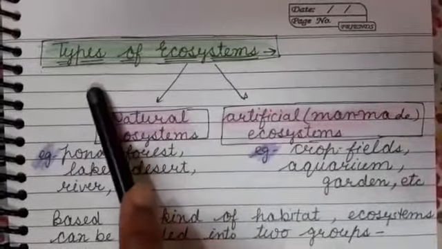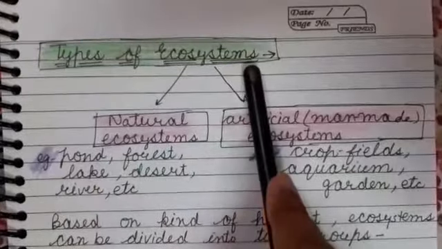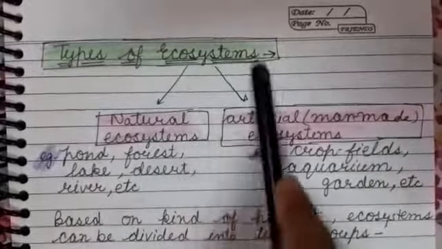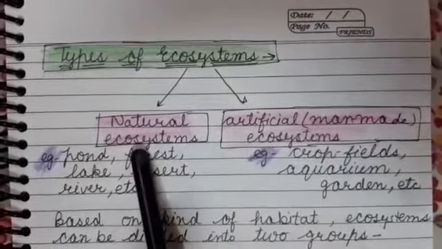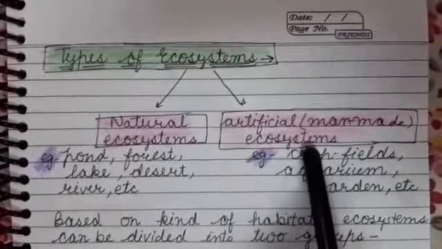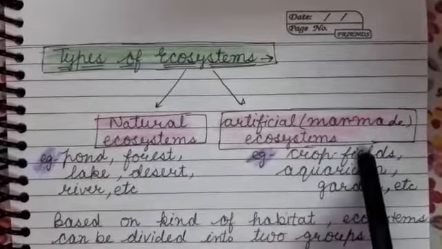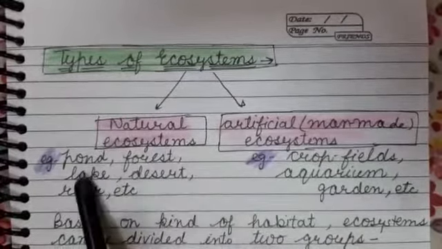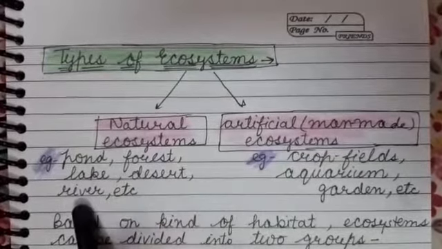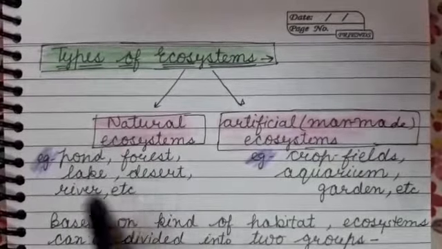Now our topic is types of ecosystem. Based on the formation of ecosystem, there are two types of ecosystem: natural and second is artificial, which are man-made. The examples of natural ecosystems are pond, forest, lake, desert, river, which are naturally present.